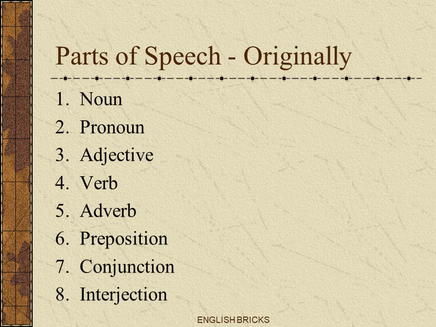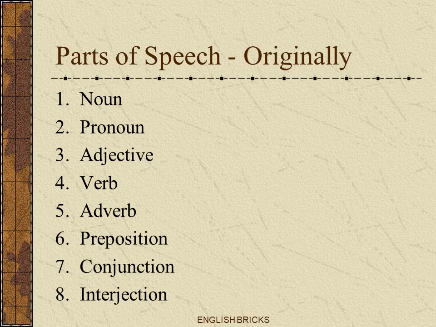Today they have brought in determiners. Some of them even say the articles are also part of the parts of speech. Whatever it is, because determiners and articles, they are also part of adjectives and pronouns and all. So it doesn't matter. We will look at them at a different time.